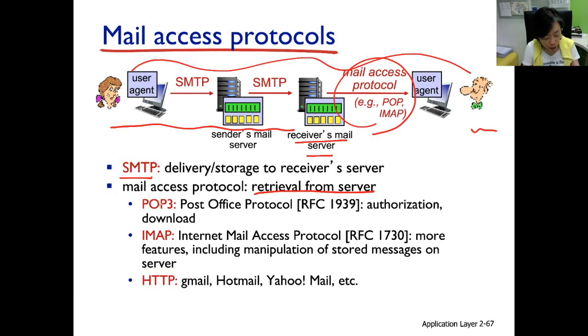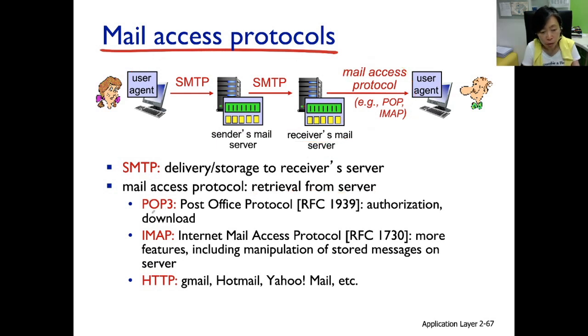There are three very popular mail access protocols: POP3, Post Office Protocol, IMAP, Internet Mail Access Protocol, and HTTP. These first two, you can see, are more specifically defined for the purpose of allowing a receiver to retrieve email. The functionality is also similar.